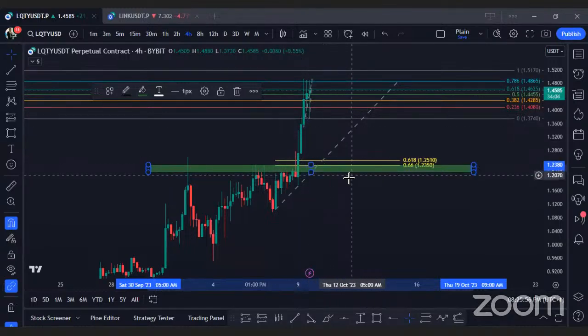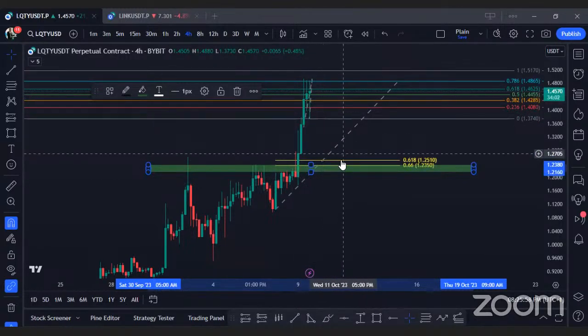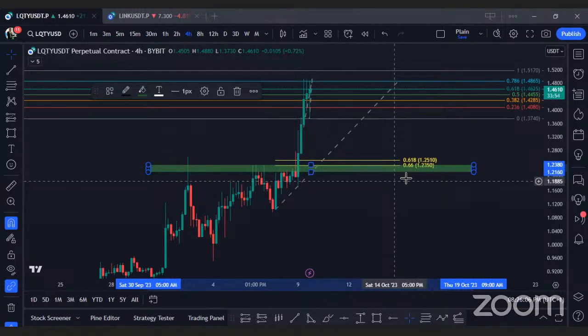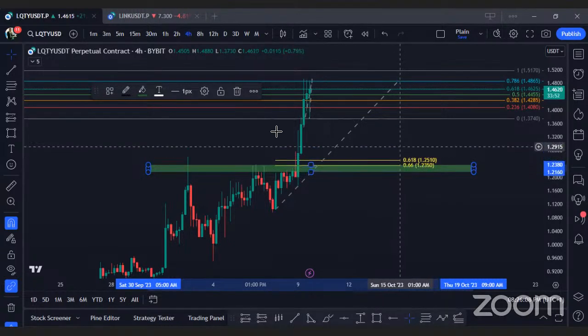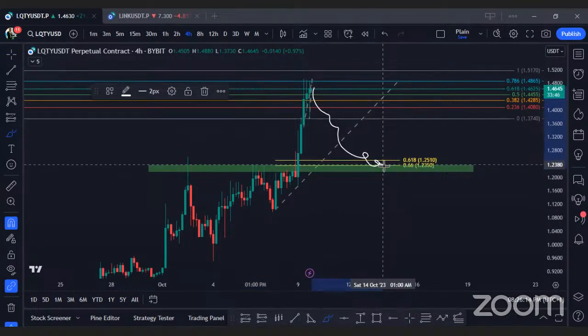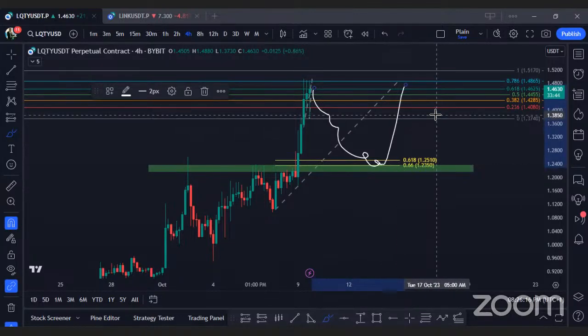So if this market starts retracing back down, there is every possibility that it will use here, which is that 618 level, 618 to the 0.66 level, which is our golden level. There's every possibility that this will serve as a support this time around. So it comes here, bounces, and then we start going back up.